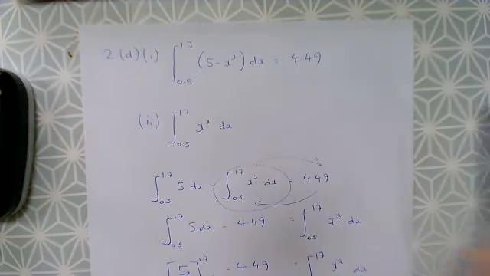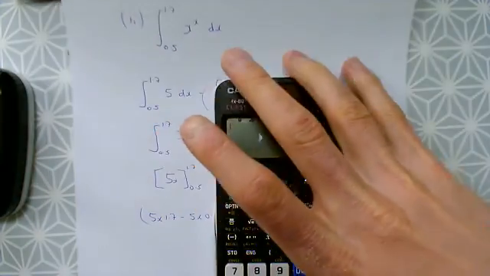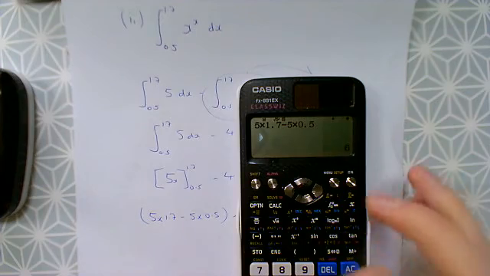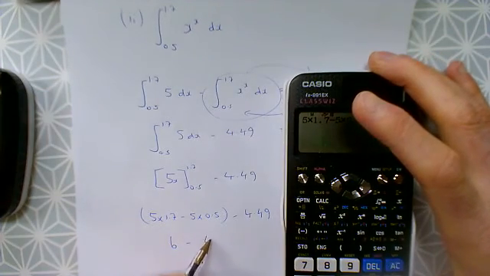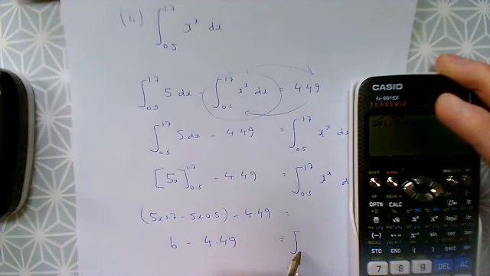So let's get my calculator. So 5 times 1.7 minus 5 times 0.5 equals 6. So 6 minus 4.49 is my integral.